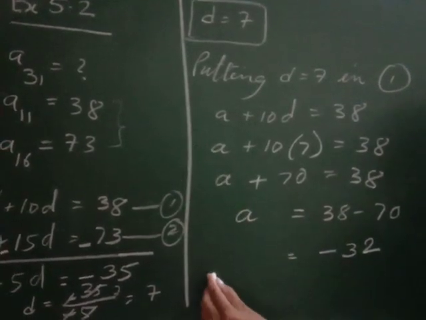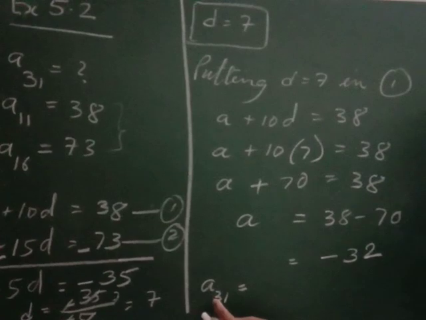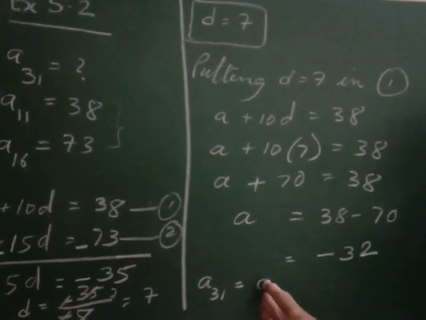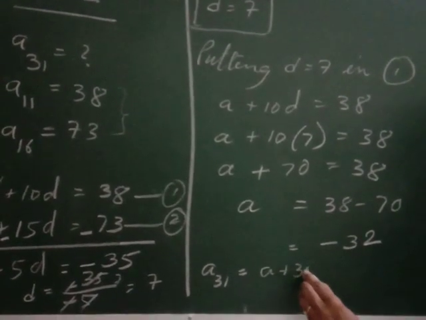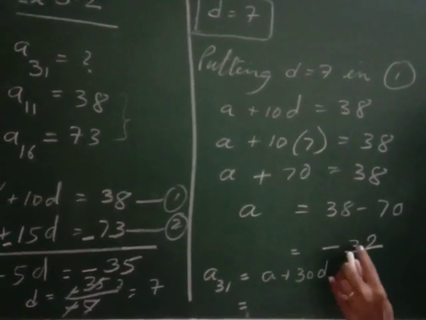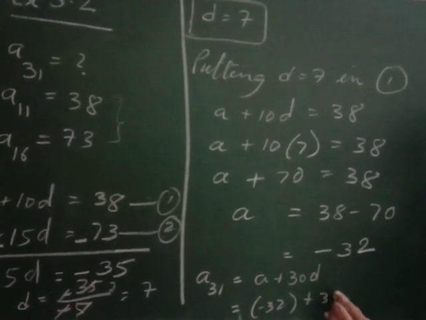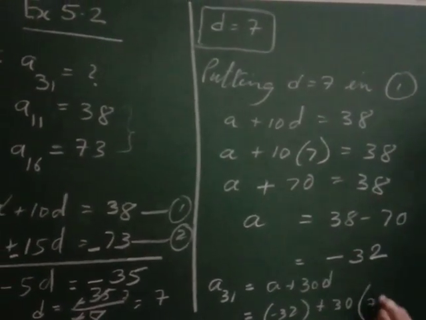Now I have to find the 31st term. That means I have to find A31. So the formula is A plus 30D. I will put the value of A, which is minus 32, plus 30 times D, which is 7.